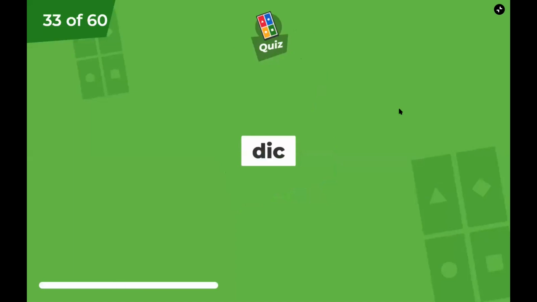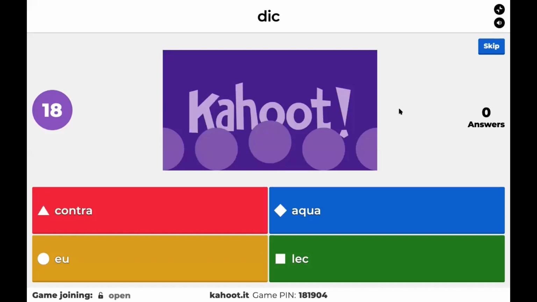Dick. Red is contra, blue is aqua, EU is yellow, and black is green.